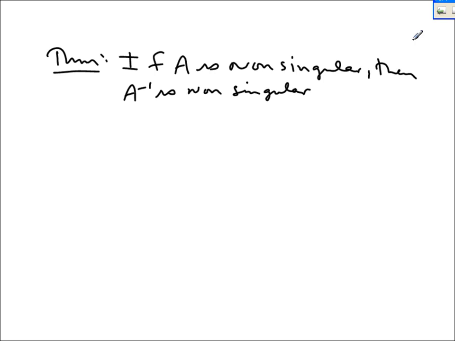Now, maybe I haven't even mentioned this, but if I have, not enough. For a matrix to have an inverse, by the definition, I said a matrix A is called non-singular if there exists the matrix B so that AB equals BA.